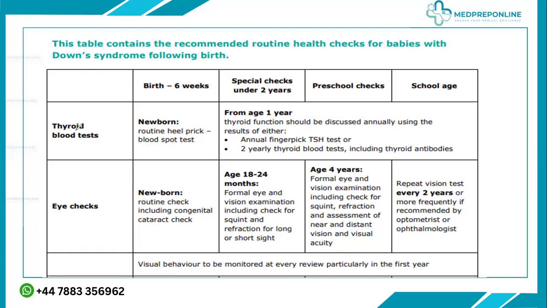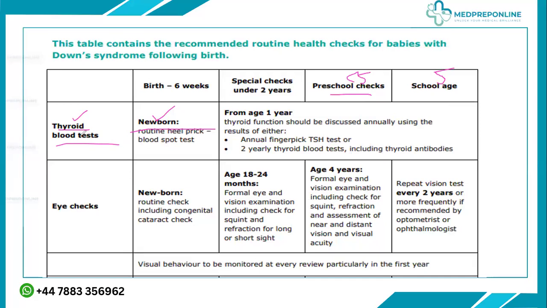We have, for example, a thyroid blood test for hypothyroidism. First of all, the newborn check, from birth to 6 weeks. Then special checks under 2 years of age. Then the preschool check, which is less than 5 years of age, and the school check, where school age is 5 years onwards.